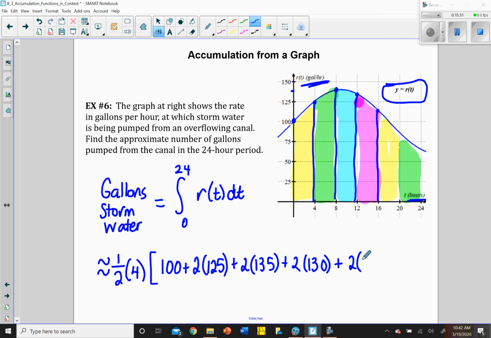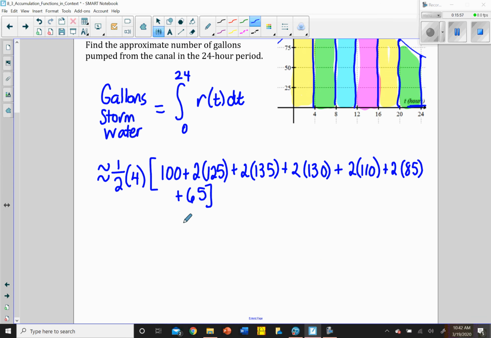So 2 at 110. And this one at 20, we'll call that one 85. So 2 at 85. And the last one, roughly 65, plus 65. So we got 2 times the sum of all of those.